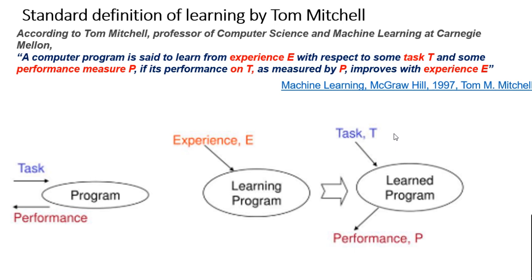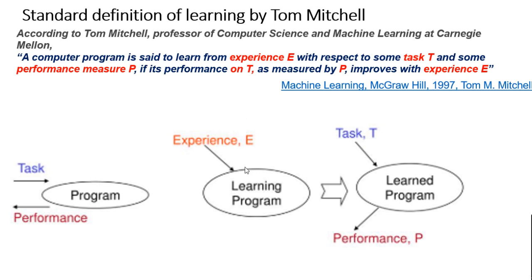And it is learning with respect to some task T and also some performance P. Now, it's not just about learning, it's also about improving the performance, right? So you measure the performance. So if the performance on T, which is measured by the parameter P, is improving because of the experience.